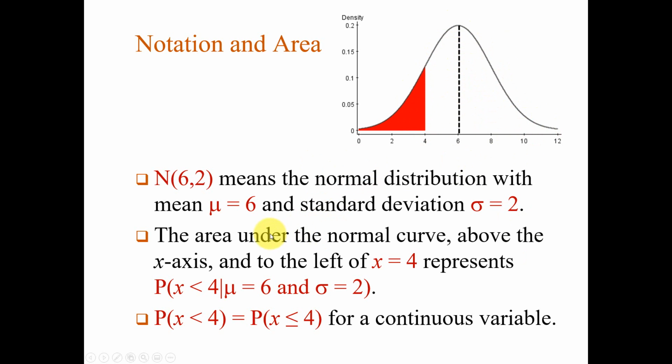The area under the normal curve above the x-axis and to the left of x equals 4 represents the probability x is less than 4, given a normal distribution with mean 6 and standard deviation 2. That's all that's saying. To simplify, the probability of x less than 4 is the same as less than or equal to 4 because it's a continuous distribution.